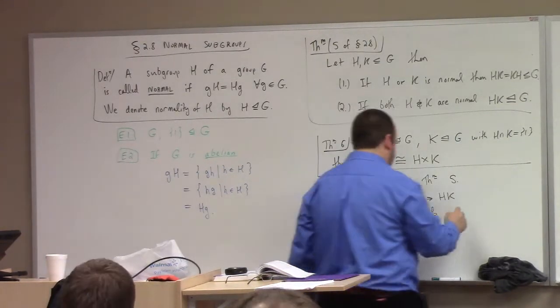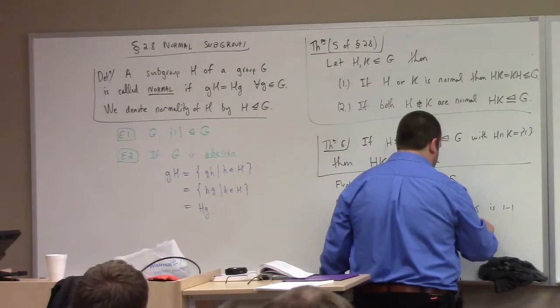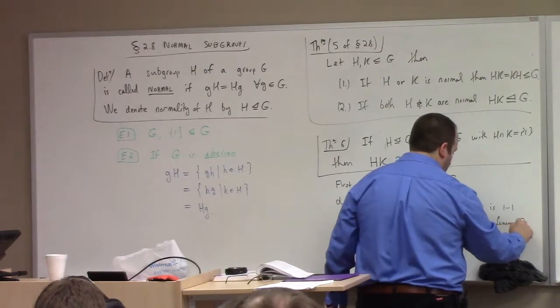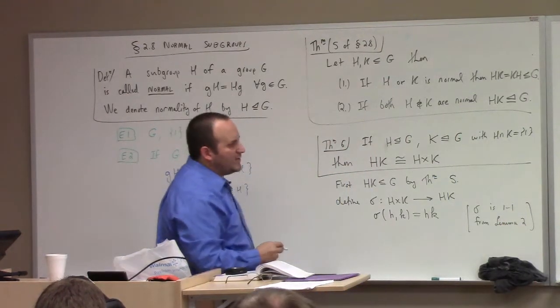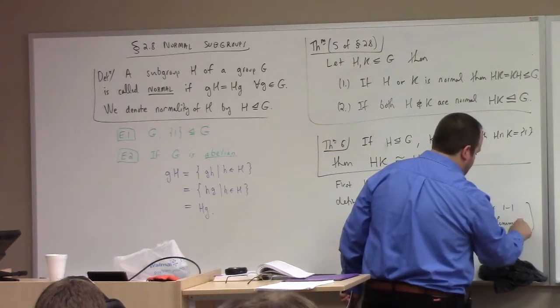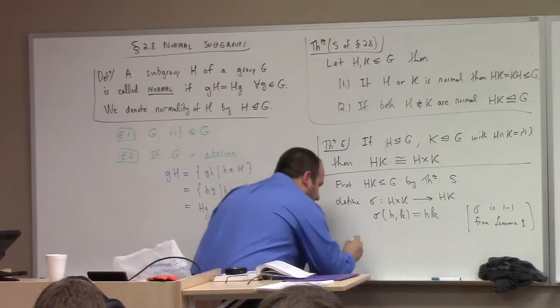I'll just tell you what happens. You can get sigma is 1 to 1 from lemma 2. Actually, lemma 1, I think, is what ends up doing it for you. Anyway, I'll just do the homomorphism property.